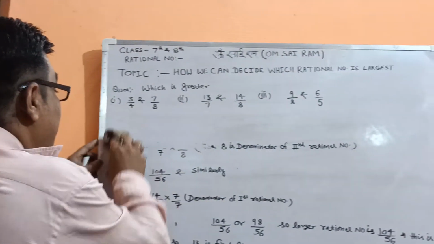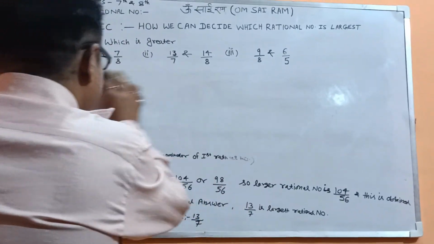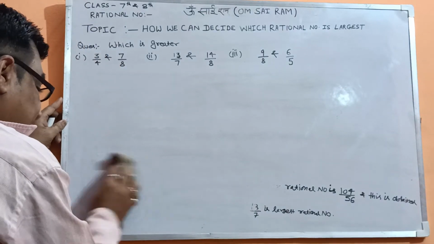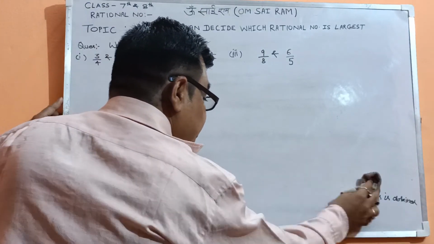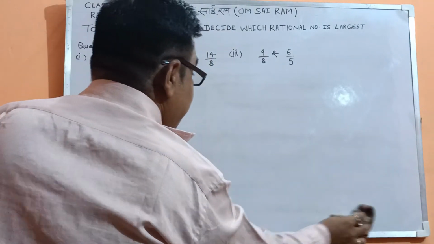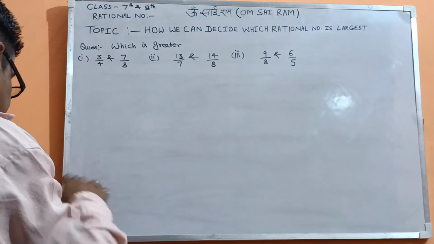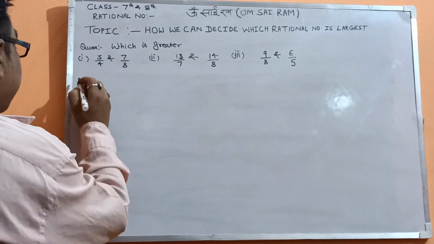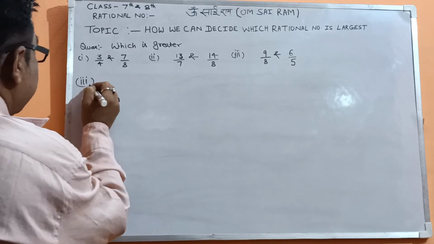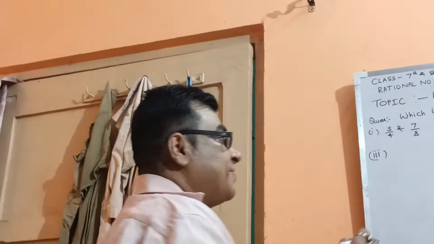All students can solve it by multiplying the first rational number by the denominator of the second, and the second rational number by the denominator of the first. So this example will be solved very quickly without much explanation, because I have already given 3 examples on this topic.